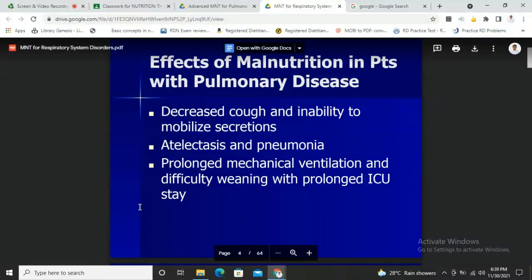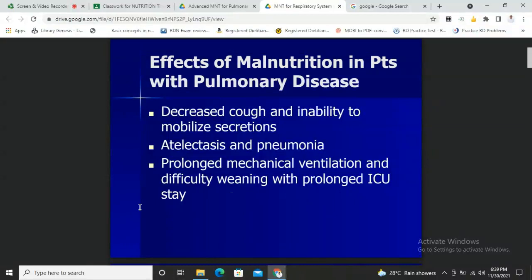Okay? So that's why it is very important to maintain the nutritional status of patients with pulmonary disease, because the quality of life of the patient will decrease. Right? It's difficult for them to breathe, difficult to expel the phlegm, the mucus that accumulates. And life is difficult if you keep coughing, right?